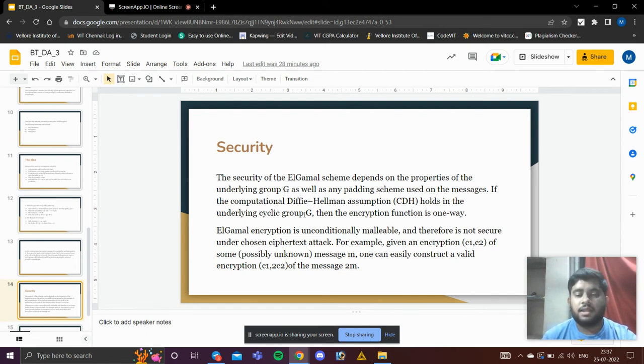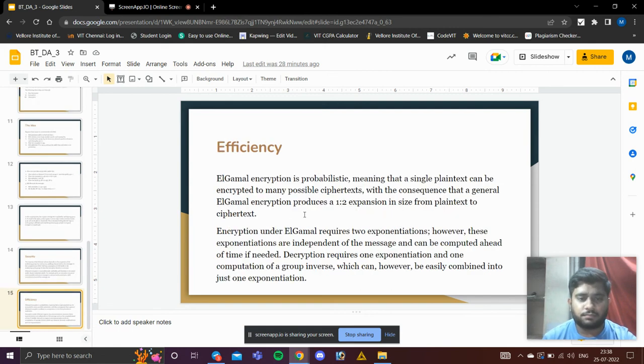This can be explained by the example: given an encryption C1 comma C2 of some possibly unknown message M, one can easily construct a valid encryption C1 comma 2C2 of the message 2M. So, like we were discussing that knowing both the keys, we cannot decrypt the messages. But for 2M, it can be done, and further, the message M can be leaked.